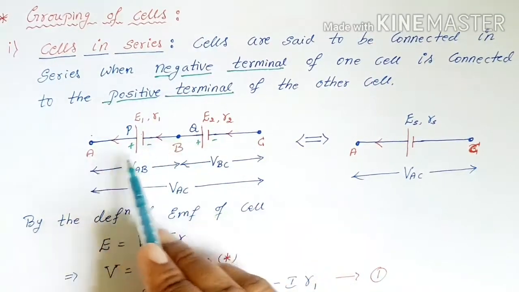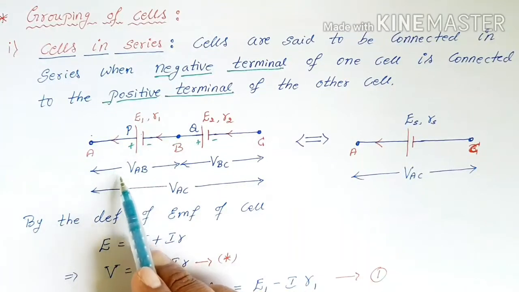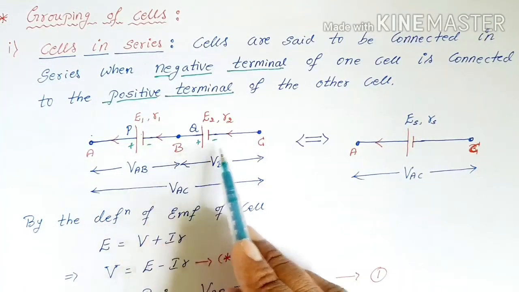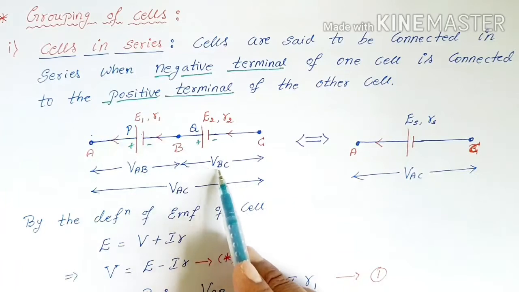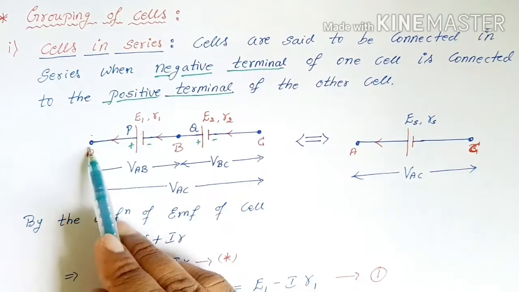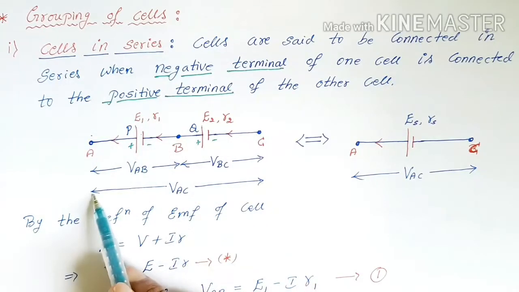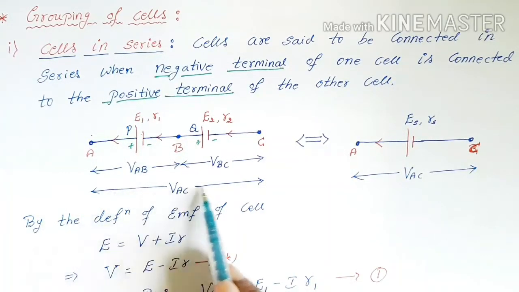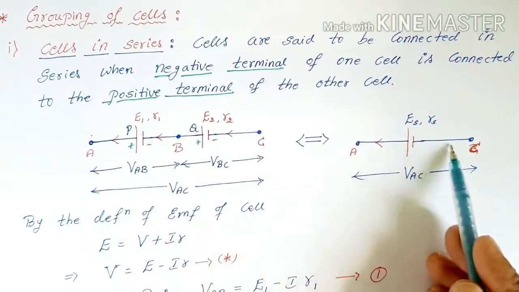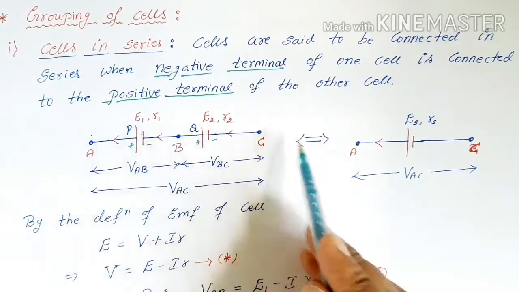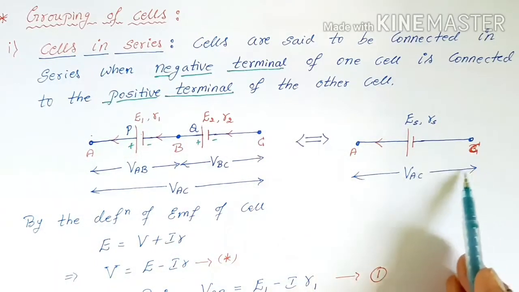Between these two terminals the potential difference is VAB, and between the terminals B and C the potential difference is VBC, and the total potential difference between the first terminal and the last terminal, that is called as a VAC. Understood? So the equivalent circuit we written for a first and last terminal, so that is a VAC.